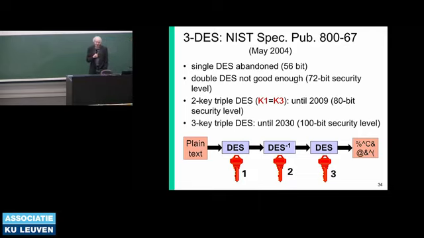Now, you have to understand the real world to understand why 3 times DES. IBM decided to put a decryption in the middle. So you encrypt with DES, then you decrypt with DES, and then you encrypt with DES. So why do they do this? Well, if you make key 1 equal to key 2, then these 2 steps cancel out and you have single DES again.